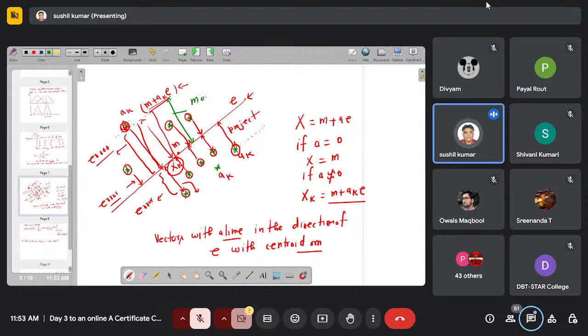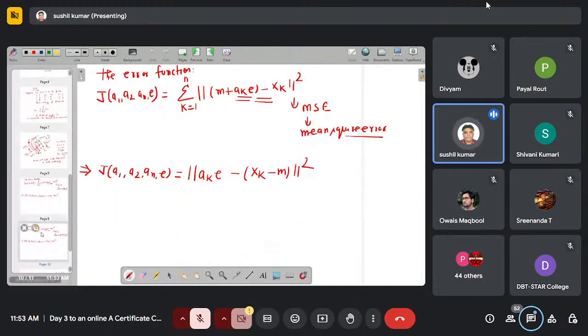M plus a of k e minus xk. Okay, but the aim is to reduce the error, and to reduce the mean square error, we need the optimization techniques. So how can you reduce this error?